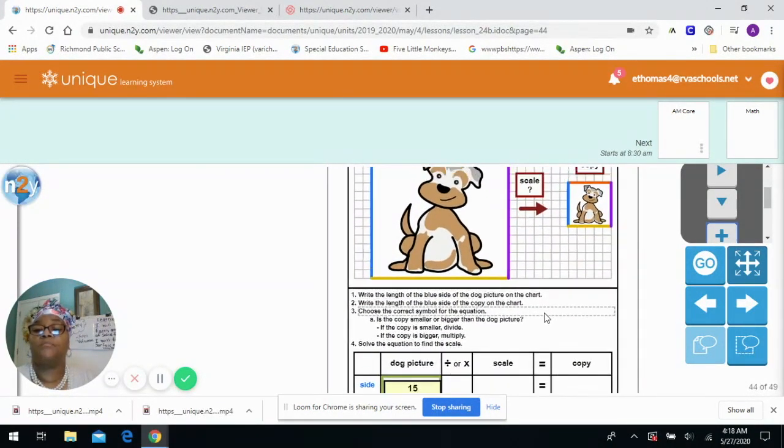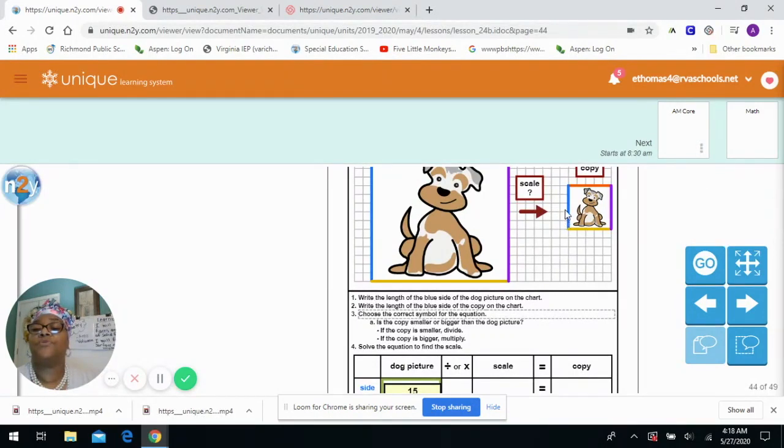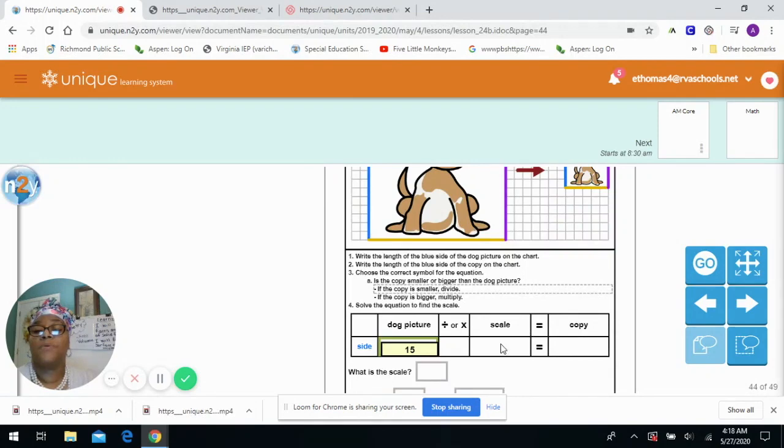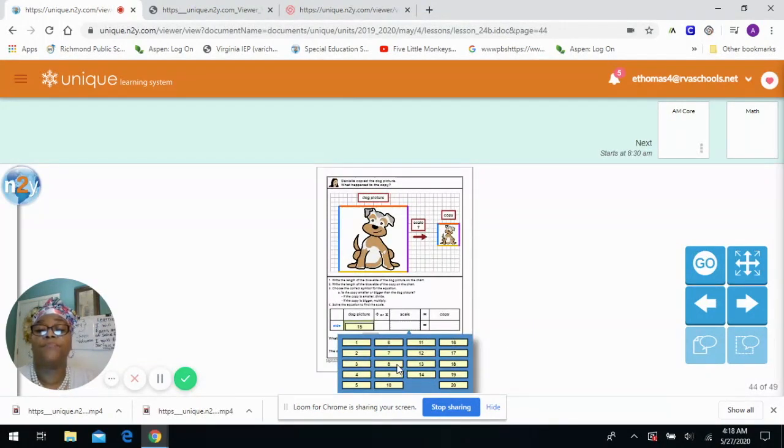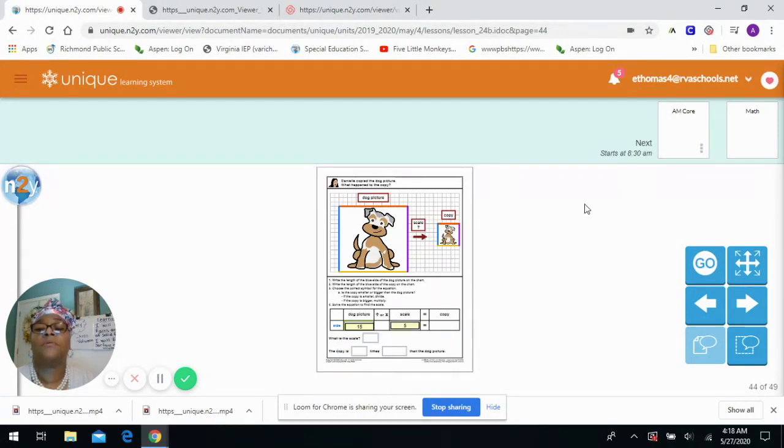All right. So on the blue side, we have 1, 2, 3, 4, and 5. We have 5 on this side. Look for the number 5. Where is number 5? There we go. Okay. So we have 15. Is it divided by the 5?